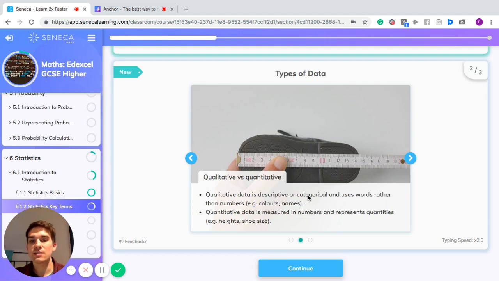Quantitative data is measured in numbers and represents quantities, for example, heights or shoe sizes, things like that. A good way to remember this is that quantitative sounds like quantity, which is numbers, and qualitative sounds like quality, which you can remember is to do with using words or descriptions.